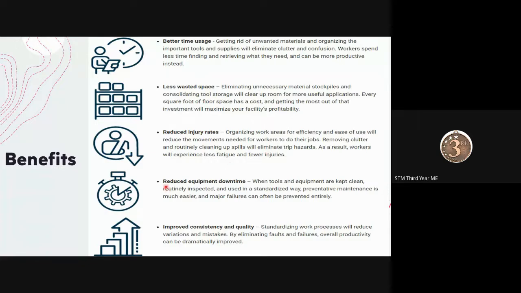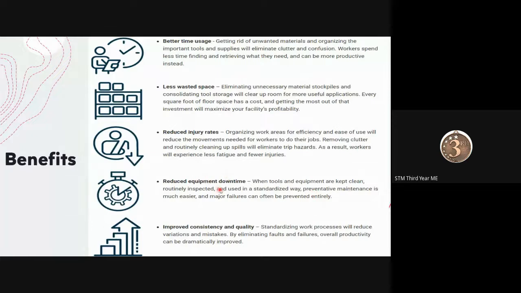Then next is reduced equipment downtime. So when tools and equipments are kept clean, routinely inspected, so we had preventive maintenance and clean, which is the third point, and used in a standardized way. So standardizing was the fourth stage of the 5S program. Preventive maintenance is much easier, and major failures can often be prevented entirely. So what is equipment downtime?